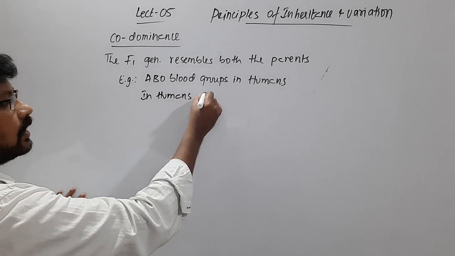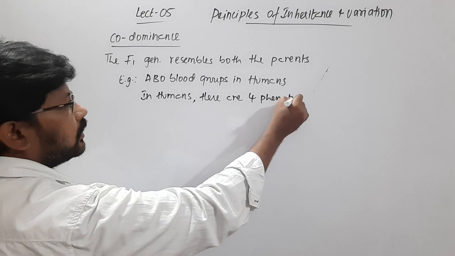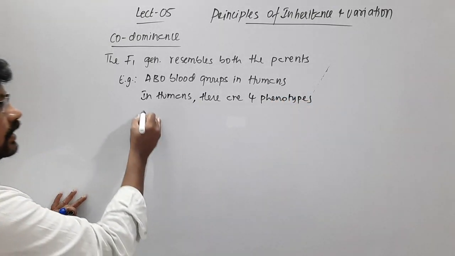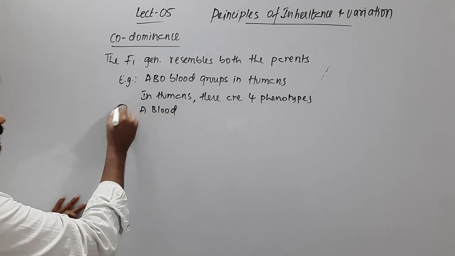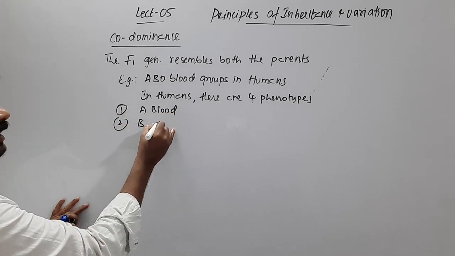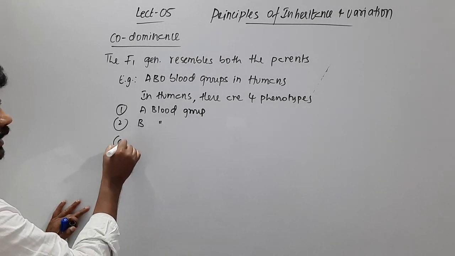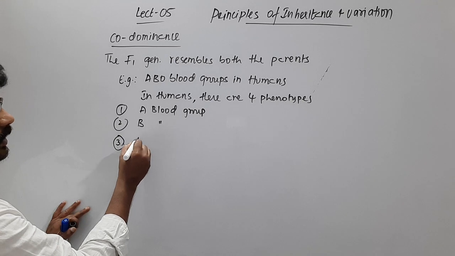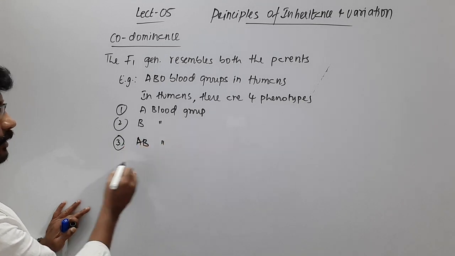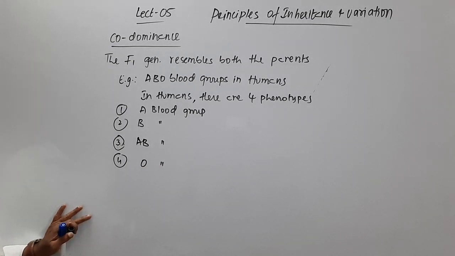Okay, so there are four phenotypes. That is A blood group, then the second one is B blood group, then the third one is AB blood group, and the fourth one is O blood group.